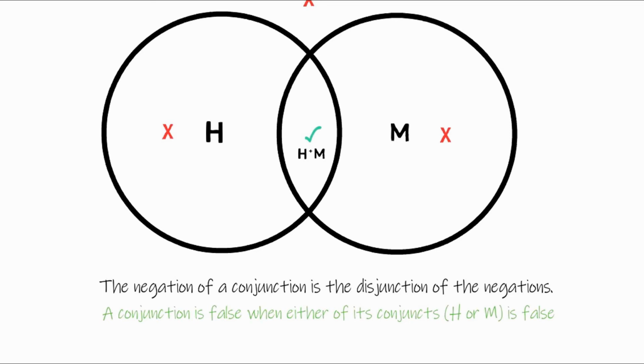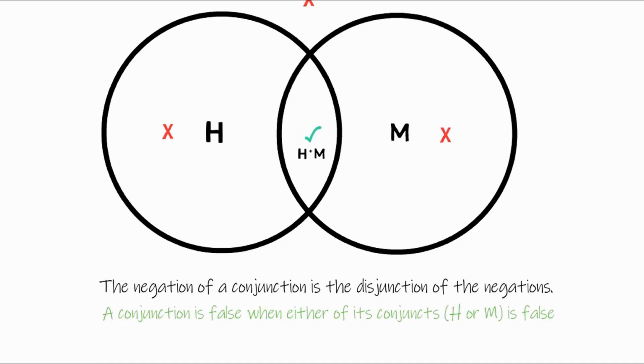In other words, a conjunction is negated, a conjunction is false when either of its conjuncts is false, or there is a disjunction of the negations of each variable. So the DeMorgan equivalence just expresses the negation of a conjunction in terms of its truth values. And that's really one of the innovative aspects of these DeMorgan equivalencies, that instead of negating the operator, the conjunction here, we're interpreting that in terms of the negations of variables.